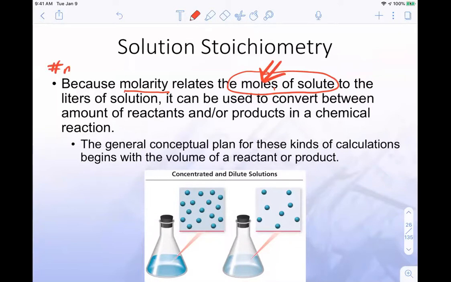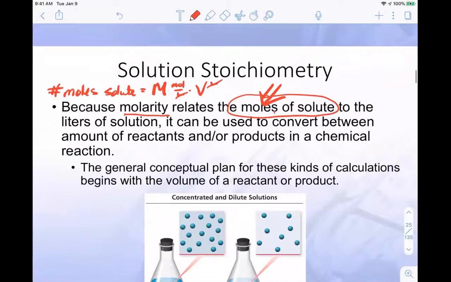Remember, the number of moles of a solute is equal to the molarity in moles per liter times the volume in liters. And anytime I can get to moles, I can use stoichiometry even if my reactants are dissolved in a solvent.